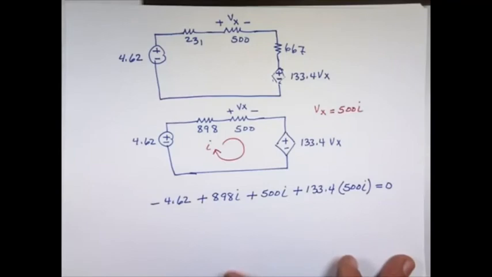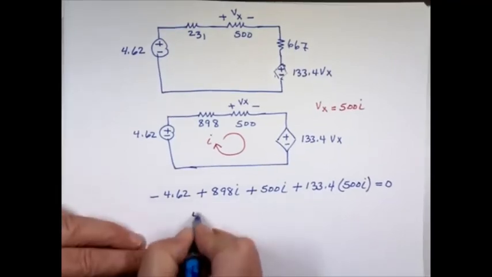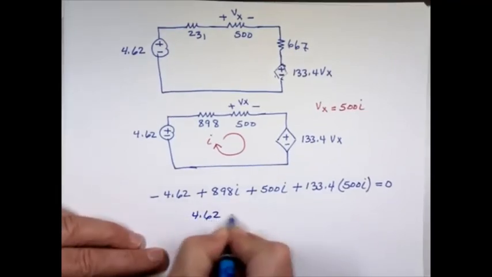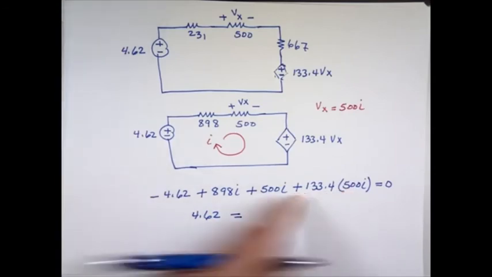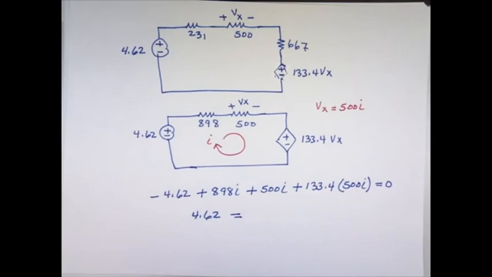So 4.62 equals 500 times 133.4. Add to it the 500. Add to it the 898.